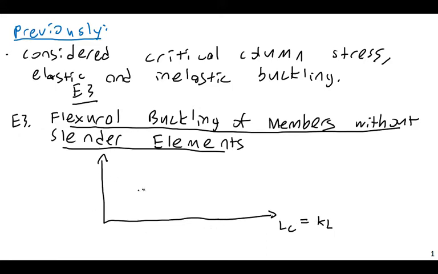You have equation E3-2. You have some very stubby or compact columns where equation E3-2 governs, and then above that range, I suppose I should say, you have equation E3-3.